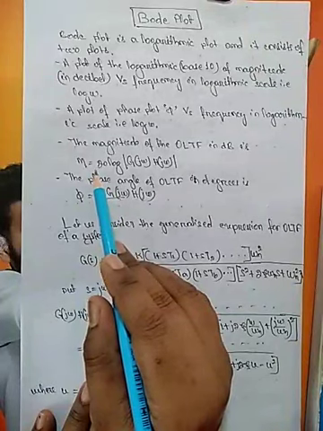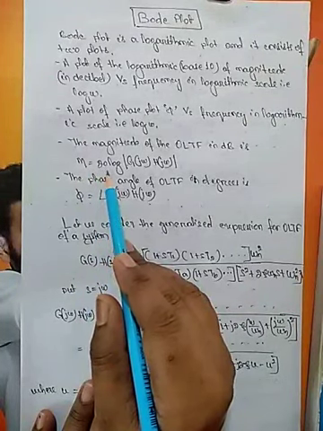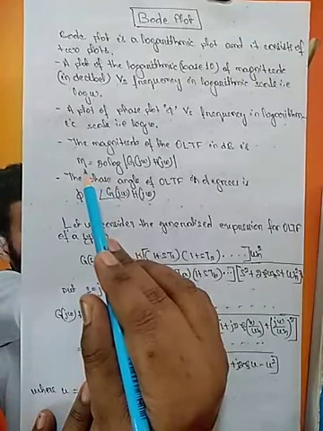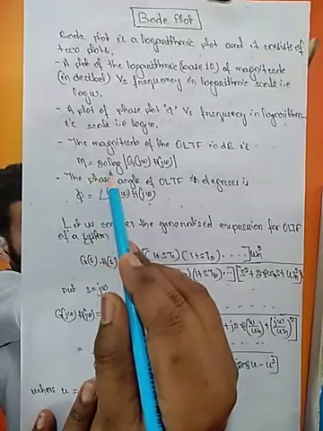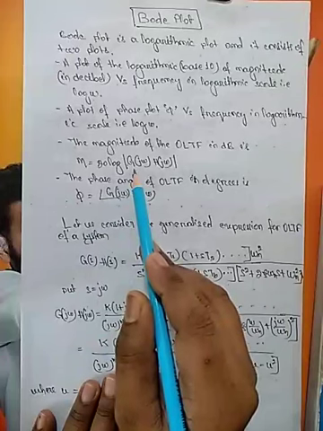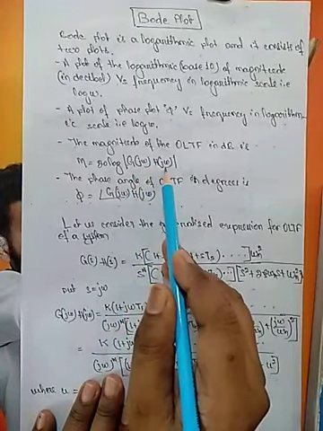Here, the magnitude of open loop transfer function is taken in decibel and mathematically it is represented as M is equal to 20 log mod of, or magnitude of, G of j omega H of j omega.